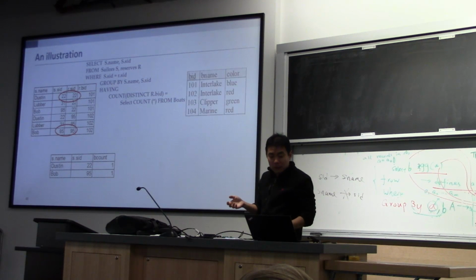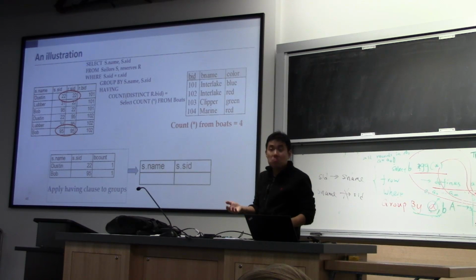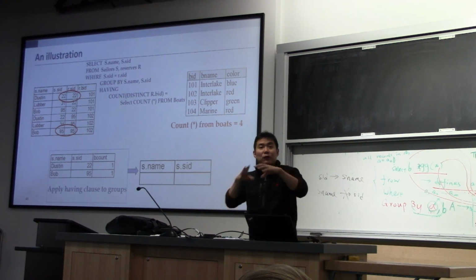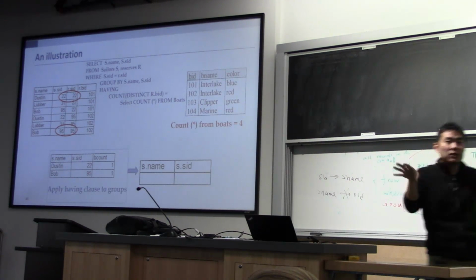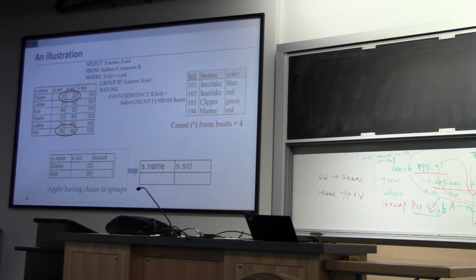I don't think we have just one boat. We have 4 boats. So after the having clause, you have an empty set. So when you do the final projection, which is the name and sailor ID, you get, of course, nothing. So no sailors reserved all boats. You arrive at the correct conclusion using this query.